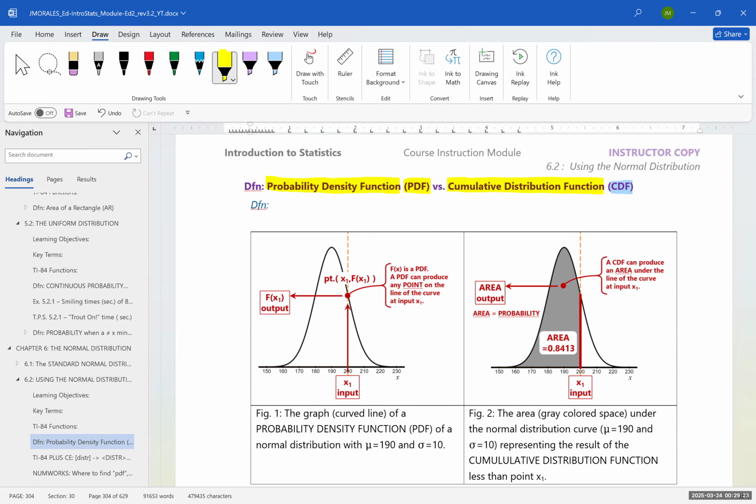So what we have here on the left-hand side is a probability density function, or a PDF, of a normal distribution with a mean of 190 and a standard deviation of 10. Over here on the right, we have a cumulative distribution function, or a CDF, also with a mean of 190 and a standard deviation of 10.